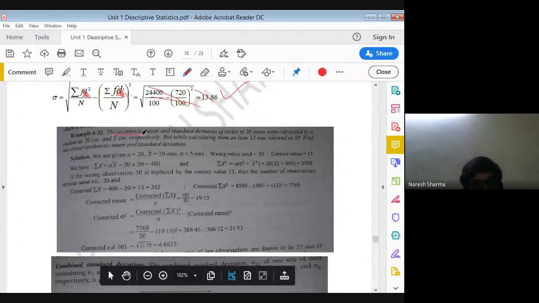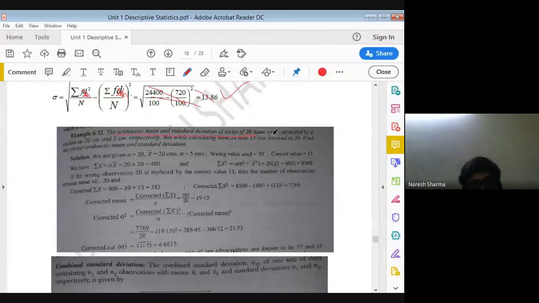The arithmetic mean and standard deviation of a series of 20 items were calculated by a student as 20 and 5 centimeter respectively. Here the number of items is 20, so n is 20, and the mean is given as 20, and the standard deviation given is 5 centimeter.